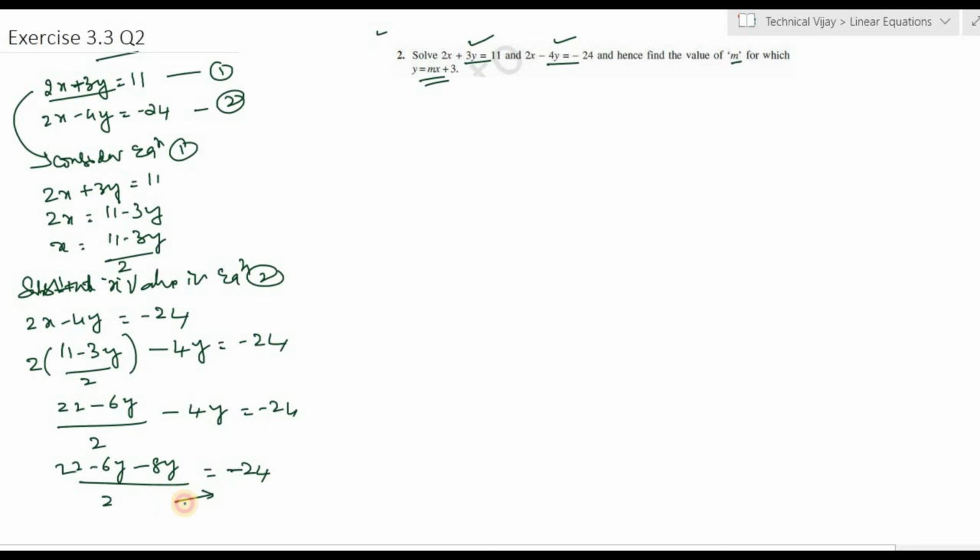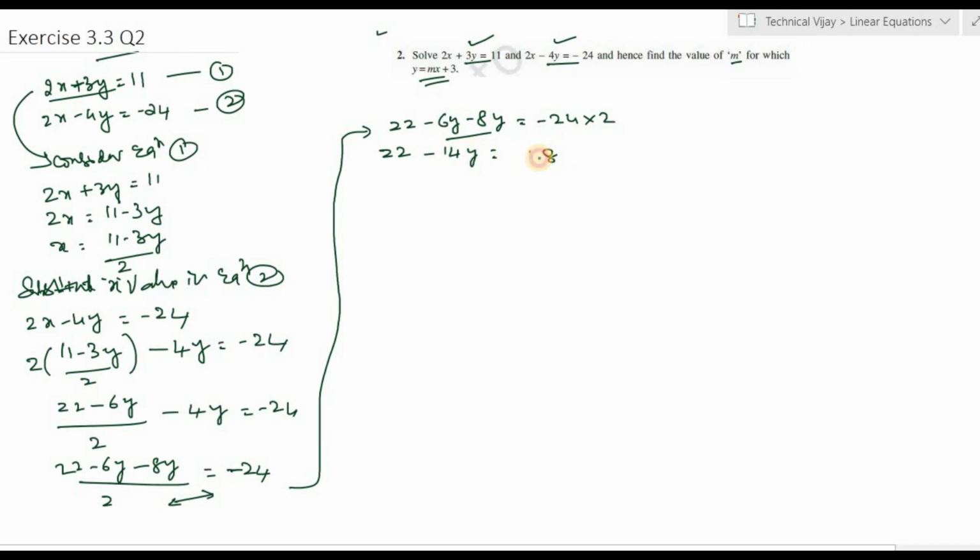So cross multiplication here. So I will write here 22 minus 6y minus 8y is equal to minus 24 into 2. So 22 minus 6y minus 8y, that is minus 14y, is equal to minus 48.